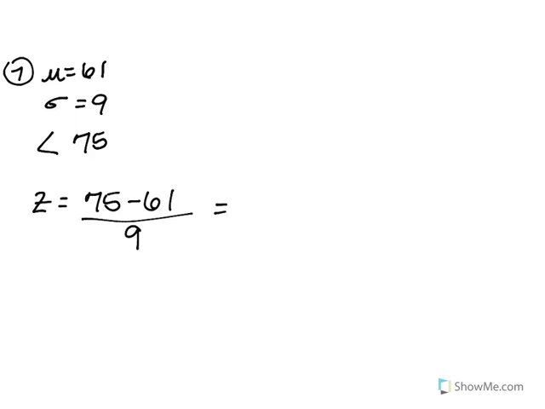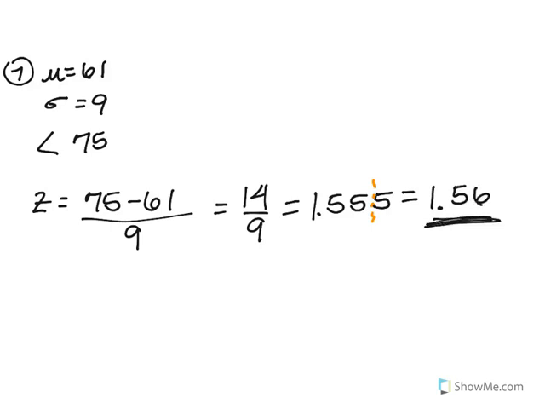So 75 minus 61 divided by 9 gives us 1 point, and my 5s are repeating. So this time you do know that 5 is going to make the other 5 become a 6. That's 1.56.